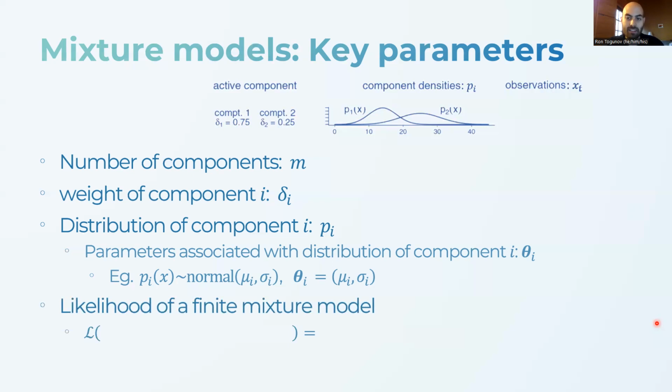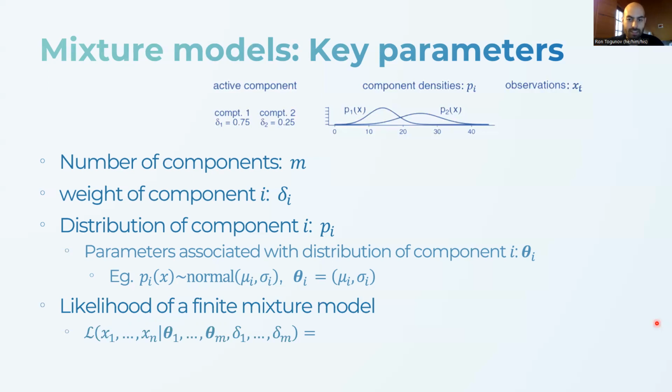In this case, the likelihood is calculating the probability of the observed data from the first observation x1 to your last observation xn, given the parameters for each component and the weights of each component. In the example above, m equals 2, so we have two sets of thetas and two sets of deltas.